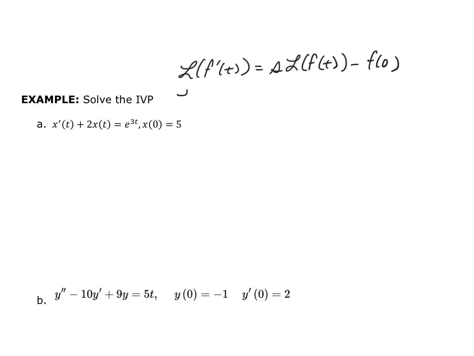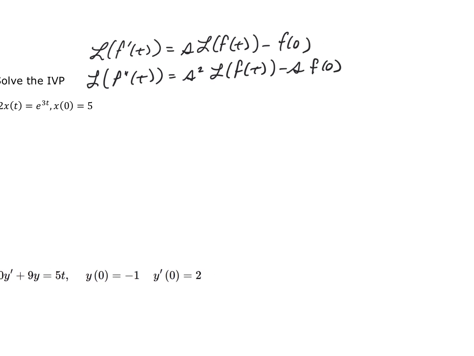And the other thing you have to remember is the Laplace of the second derivative is going to be equal to s squared, the Laplace of f of t minus s of f of 0, the initial f of 0, and then minus f prime of 0.